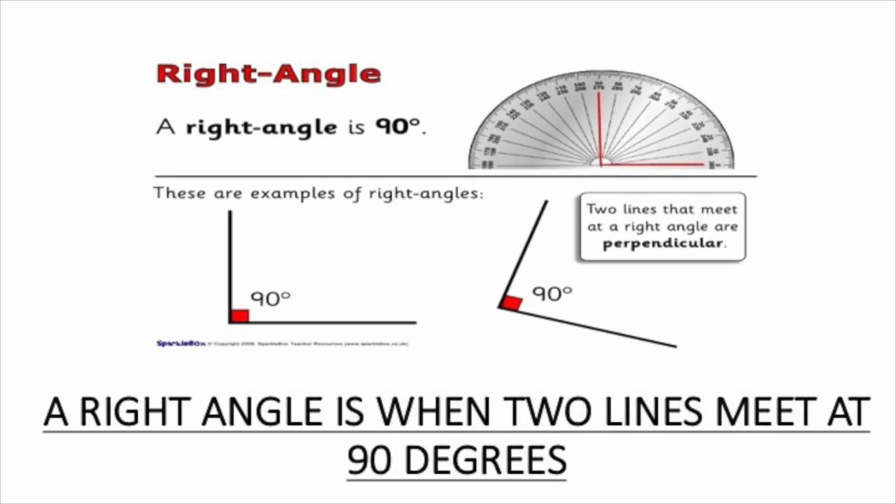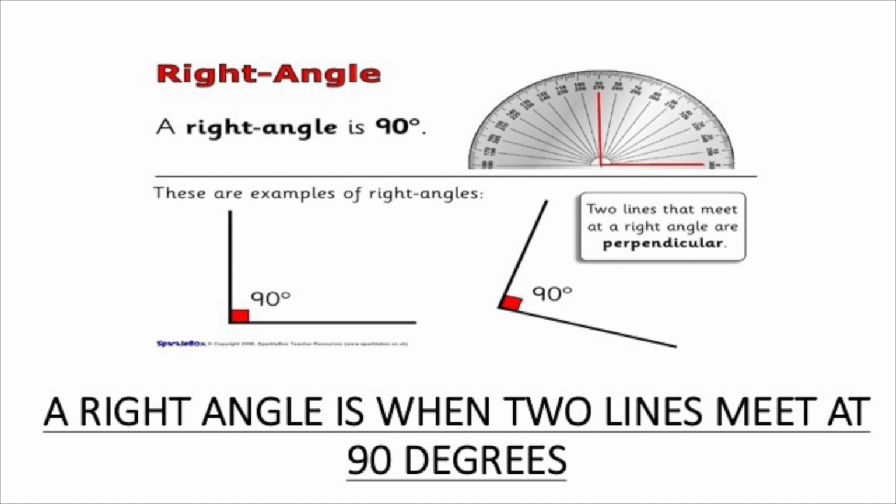A right angle is when 2 lines meet at 90 degrees. You see this angle here? When one line goes straight up, what do we call a line that goes straight up? Vertical. And what do we call a line that goes across?